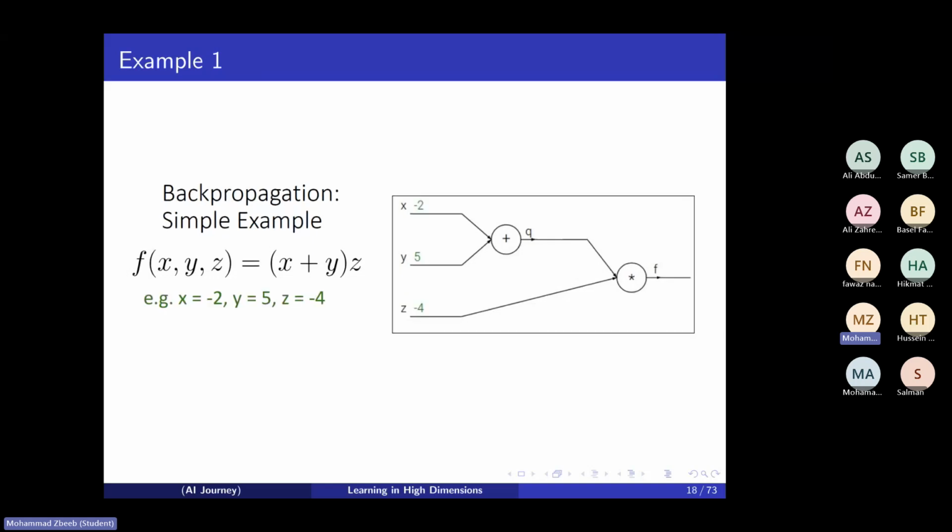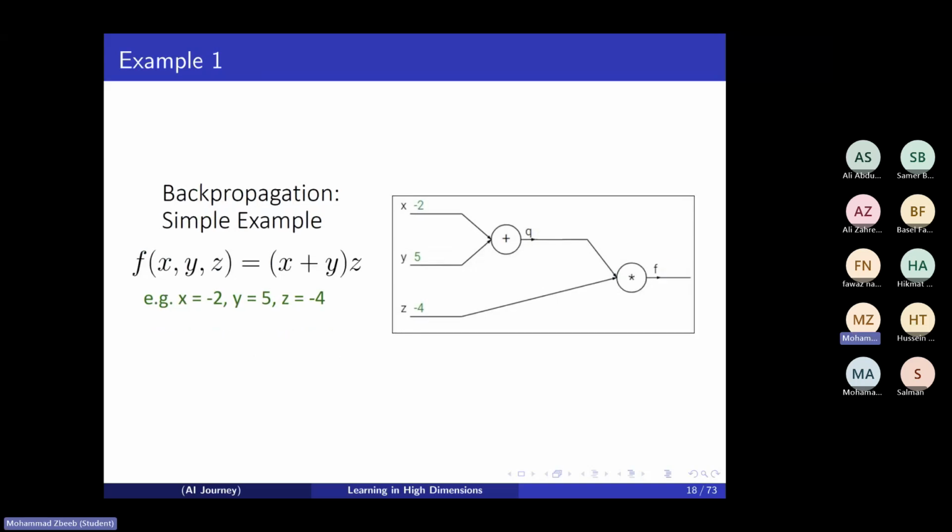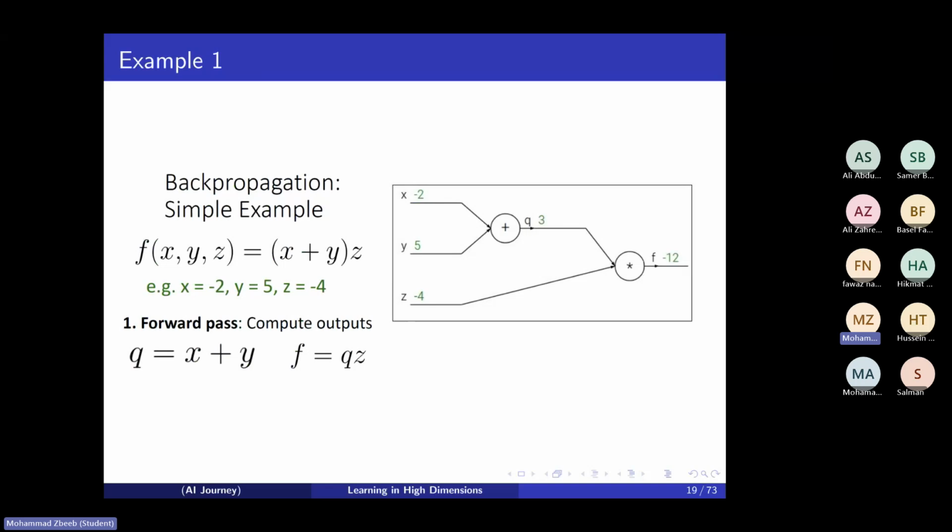Given that the inputs are -2, 5, -4, I need to distribute gradients for every input x, y, and z. We're going to do what Basil taught us yesterday, which is the forward propagation. We pass our inputs into the graph. x plus y is equal to 3, and times z it's equal to -12.